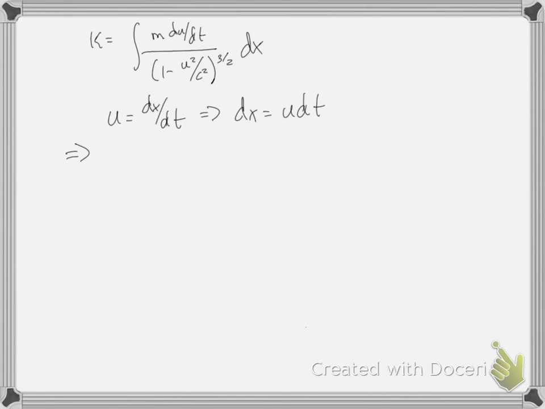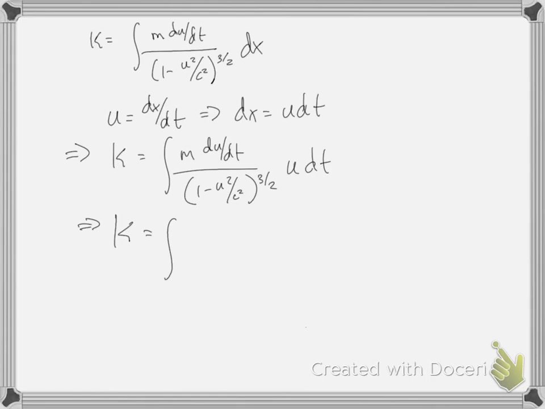Therefore the kinetic energy is the integral of m du/dt over the parentheses raised to the 3/2, times u dt. Conveniently the dt's cancel. Pulling the u in, K is the integral of m u du over (1 minus u squared over c squared) to the 3/2. All of a sudden the integral's gotten a lot easier.